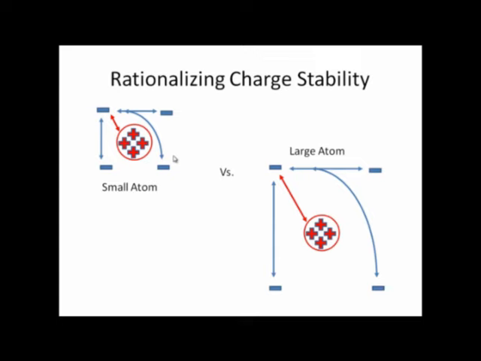So the repulsive interactions between them will be very large. In a larger atom, if you add another negatively charged particle in, then it is far from the other negatively charged particles, and the extra destabilization that you encounter is not nearly so great. So large atoms will tolerate a negative charge better than small ones.